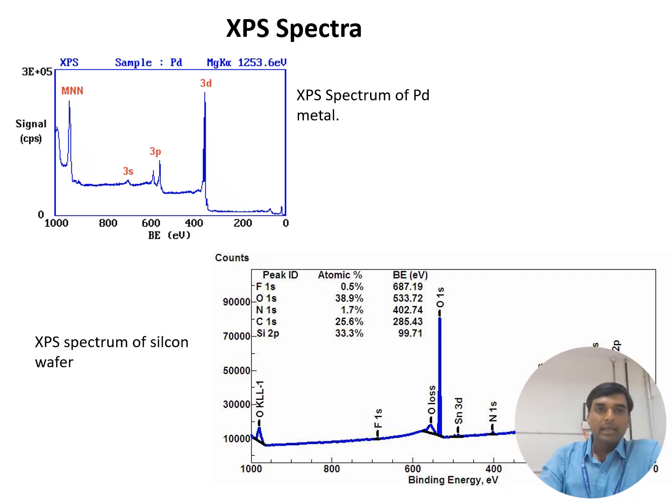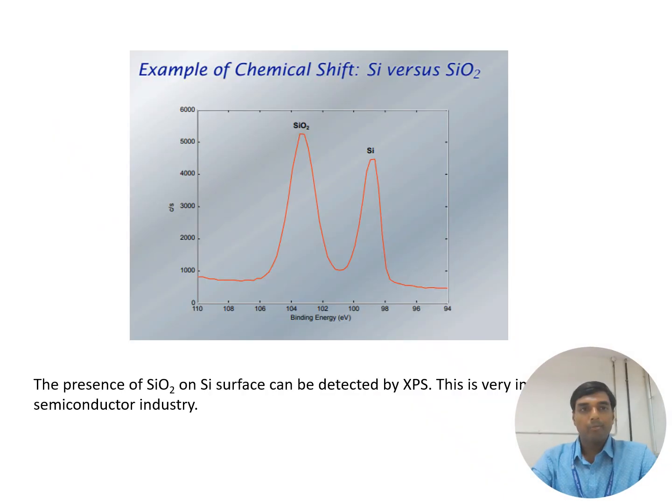And this is the XPS spectrum of palladium metal, and this is a spectrum of silicon. You can see different compositions, such as oxygen and fluorine, each with different binding energy. This is a good example that XPS can easily detect whether it is silicon or silica.